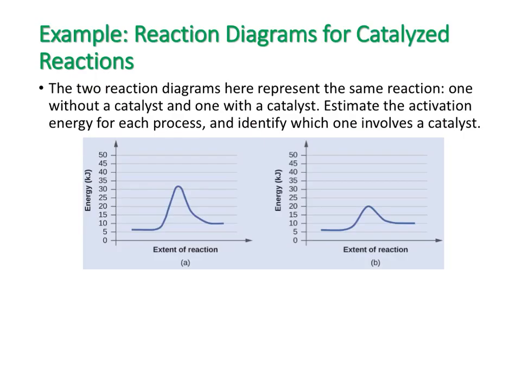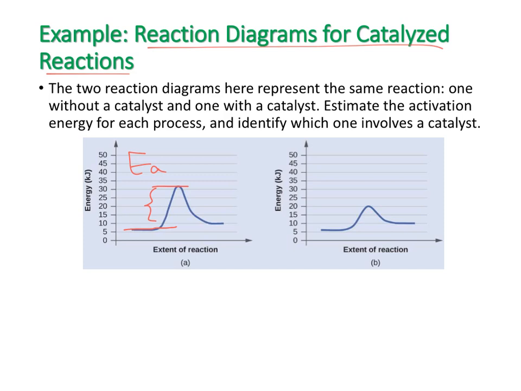So in this example, we are going to use reaction diagrams to determine which of these diagrams show the reaction having a catalyst present. Remember that earlier we discussed that graphically we can calculate the activation energy by looking at the energy of where you started versus the transition state energy. So this difference right here is your activation energy, your Ea. We're going to calculate that for both of these graphs to determine which of them has a catalyst.